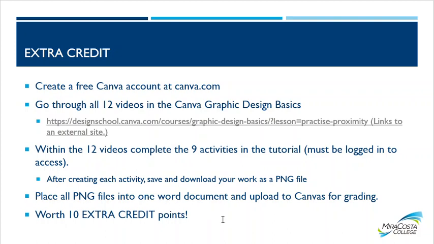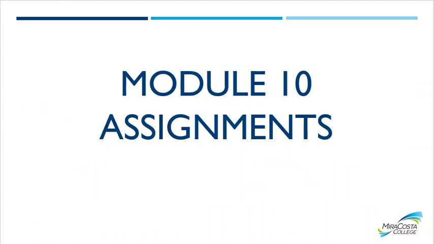Place all the PNG files into a Word document and upload to Canvas for grading. This is going to be worth 10 extra credit points. If you have any issues with this, please send me an email because Canva does change things around. Hopefully you can still go through all these 12 videos and 9 activities. It's really easy, and it shows you the steps on how to create things in Canva and how easy it really is. And then you're going to love it and use it for everything.